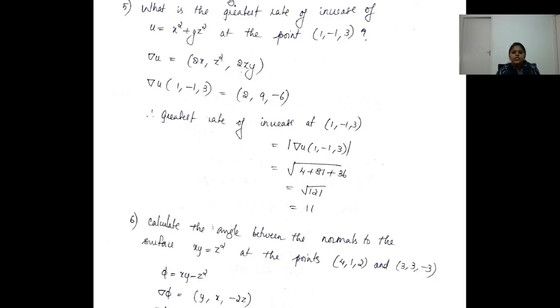So the question is to find the maximum rate of change of the derivative. So you have to find the maximum value of directional derivative at the point 1, minus 1, 3. So when you are given a particular surface, our point is 1, minus 1, 3, and you can move in arbitrarily any direction from the point 1, minus 1, 3.